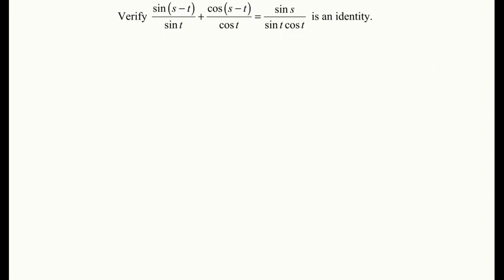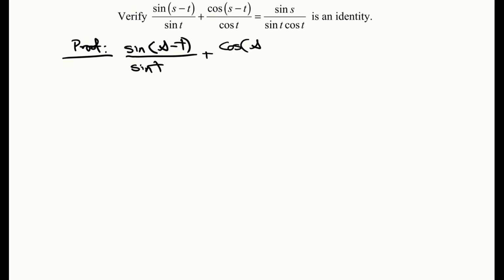All right, so we have finally arrived at our last problem, and it looks like we can do more with the left side. So let's go ahead and start with the left side exactly as it is. So sine of s minus t over sine t plus cosine of s minus t over cosine t.